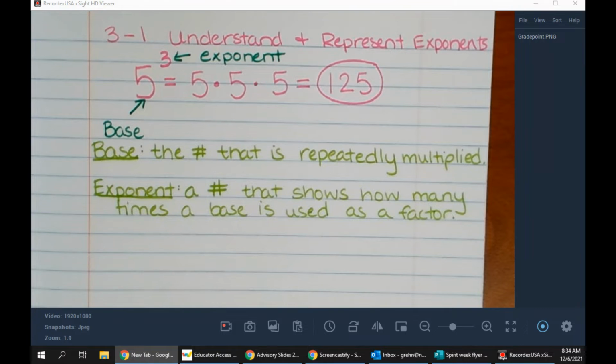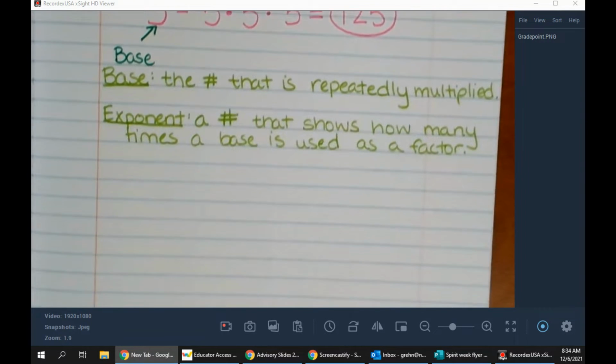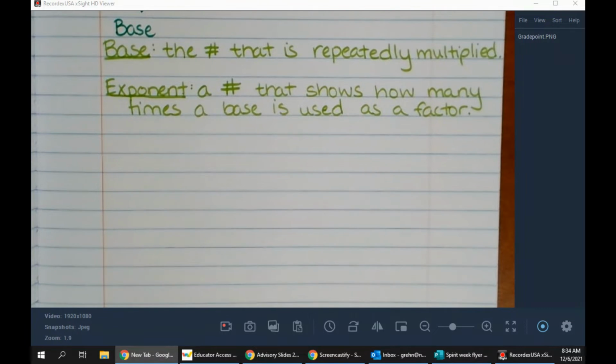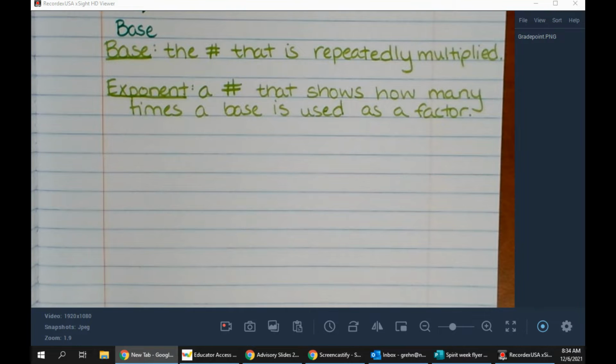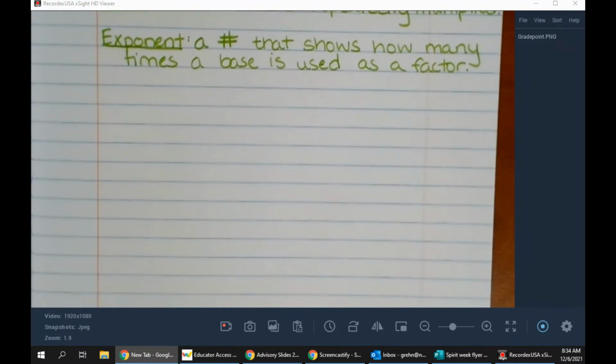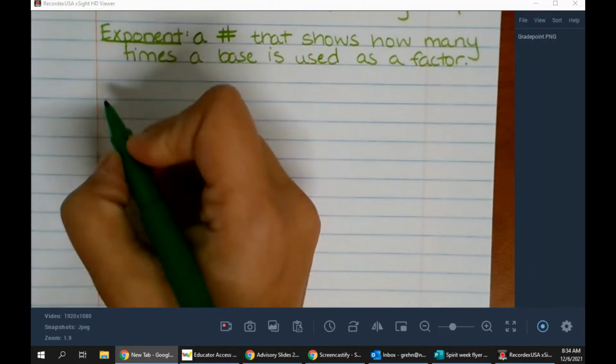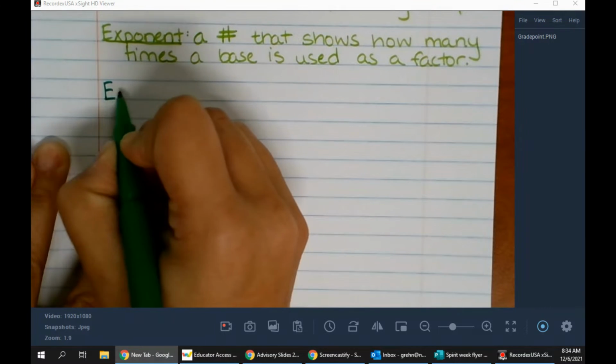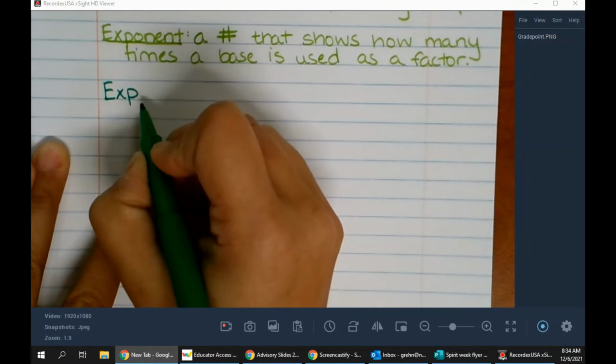So what we're going to do is look at a couple different examples. We're going to create a table to look at these examples. And so right below here, I'm going to create a table with 3 columns. We're going to have exponential form, expanded form, and standard form. So on the left here, I'm going to go ahead and label this exponential form.